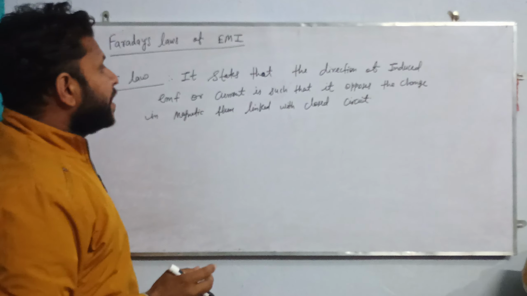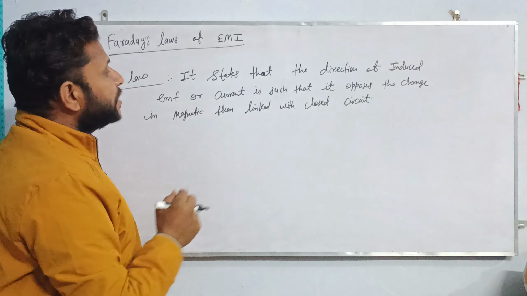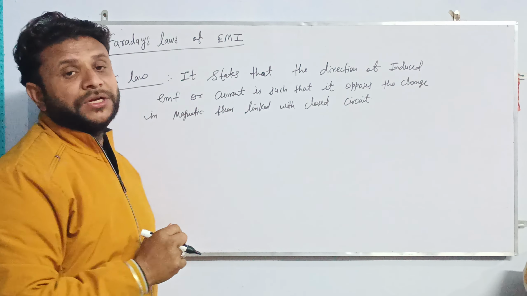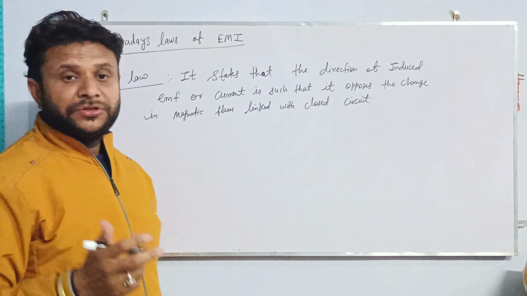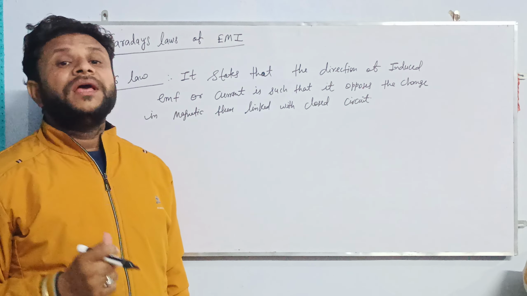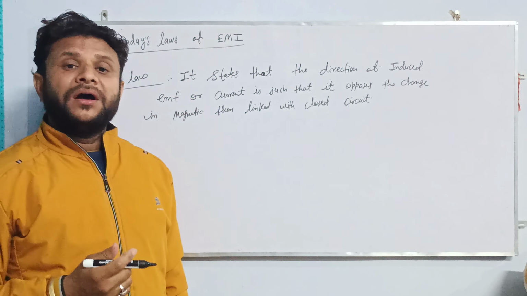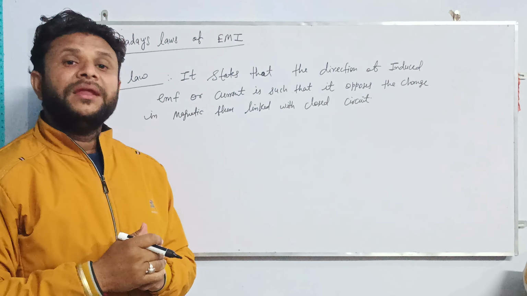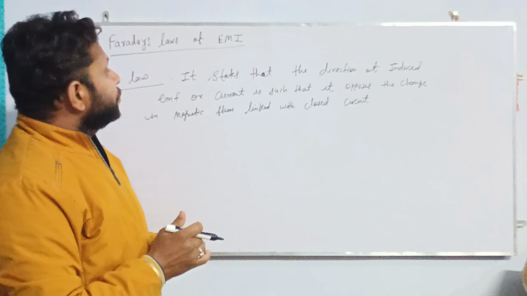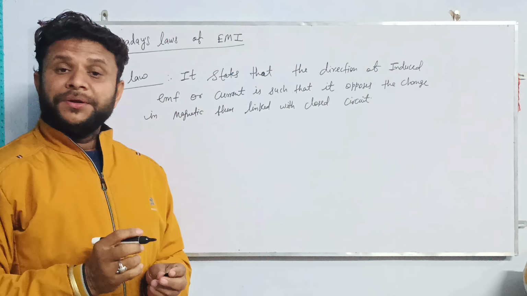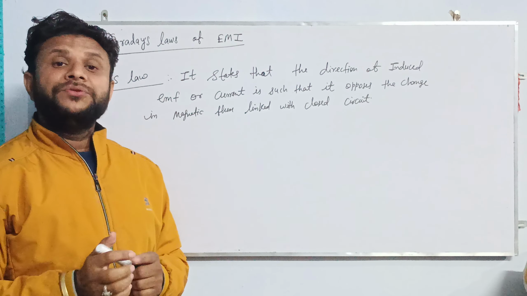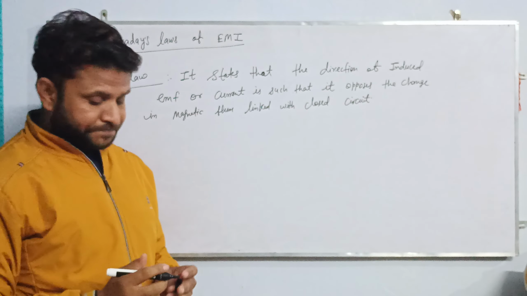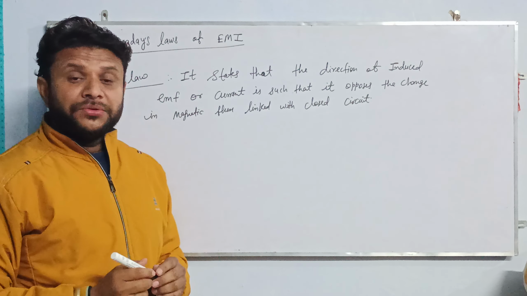It states that the direction of the induced EMF or current is such that it opposes the change in magnetic flux linked with the closed circuit. If, due to some reasons, and the three reasons may be magnetic field, area and theta, the magnetic flux changes due to these three elements, then EMF is induced, but the direction of the induced EMF is decided according to Lenz's law.